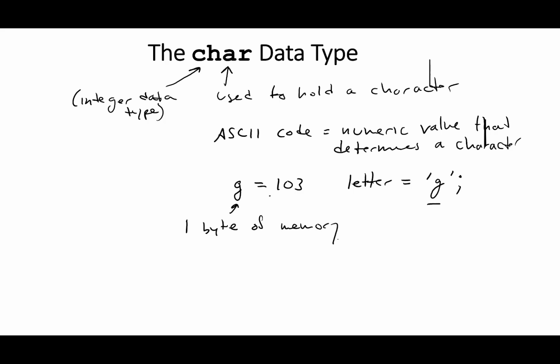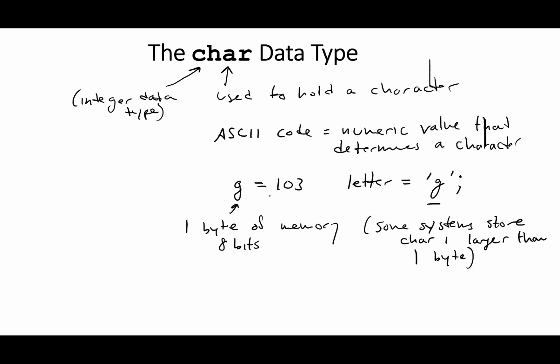I say usually because some systems store a character in larger than 1 byte. If you look at the ASCII table, it doesn't just have letters, it also has some of these escape characters. \n, the ASCII code for this is 10.